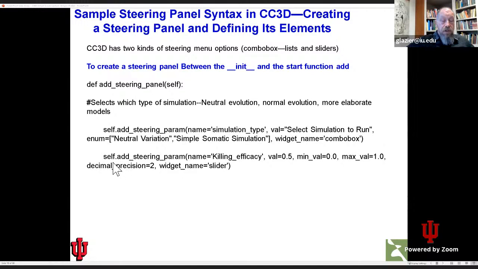The other thing I could do is to change a numerical value. Here I've got a variable named killing efficacy. Its default value is 0.5. I can set a range, minimum value and maximum value. I can set the decimal precision with which I display it, and this is a slider.